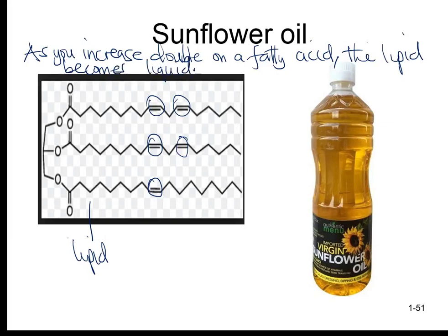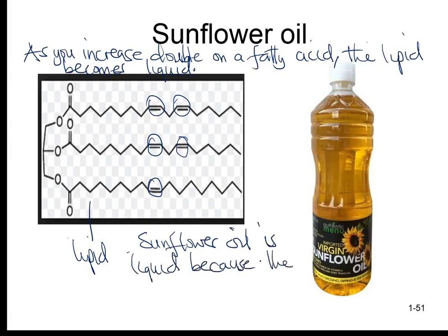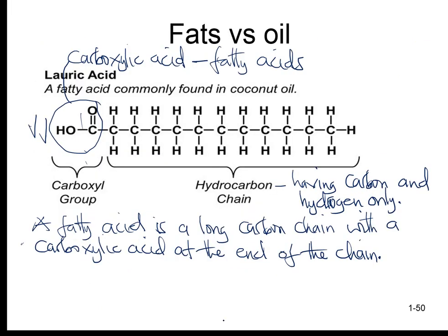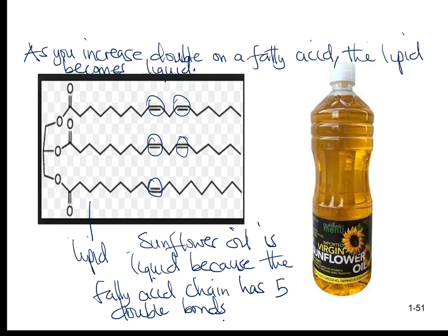So sunflower oil is liquid because the fatty acid chain has 5 double bonds. So here we talked about a fatty acid chain, but here you can see we have 3 of them.